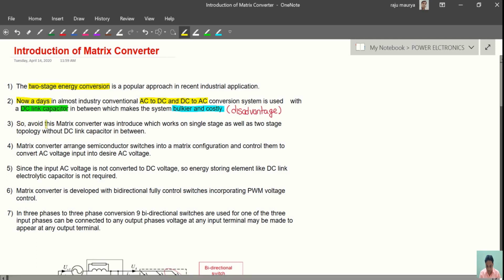To avoid this, the matrix converter was introduced, which works on single stage as well as two-stage topology without a DC link capacitor in between.